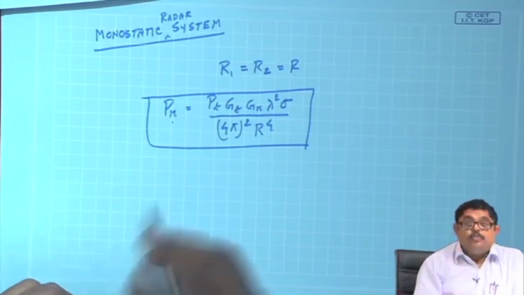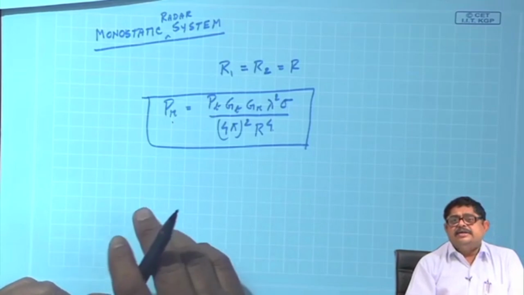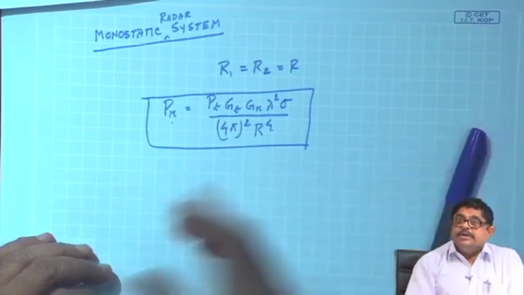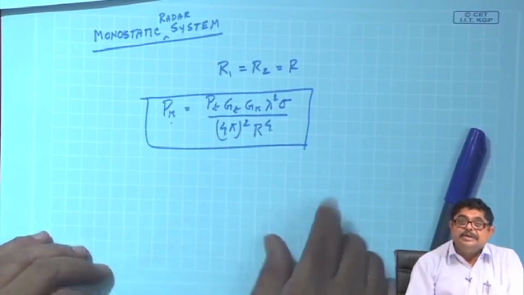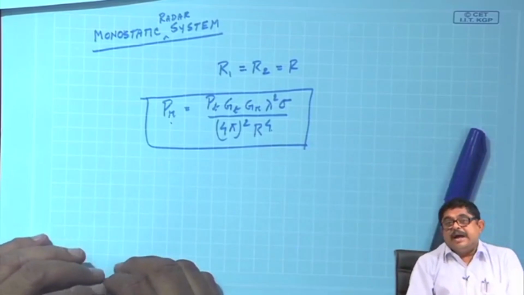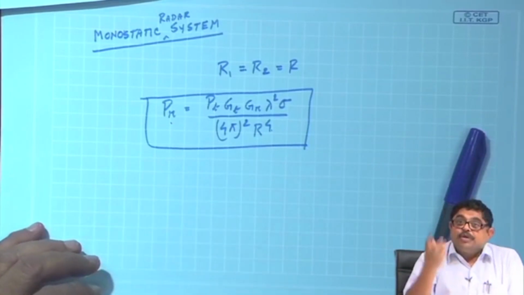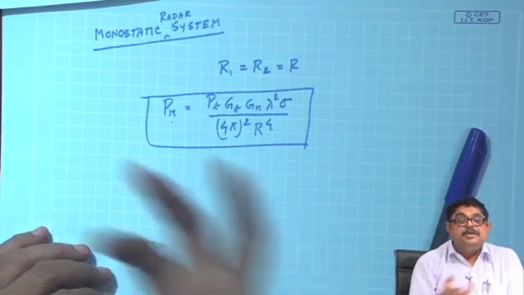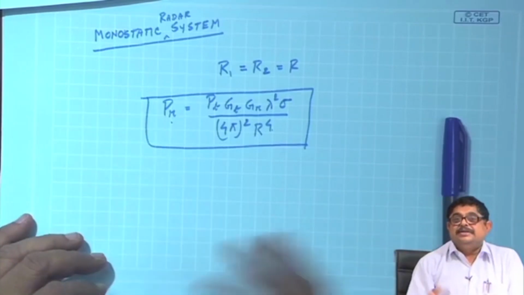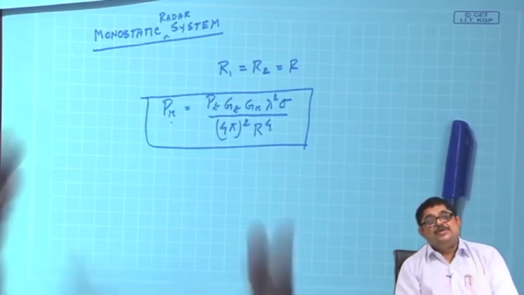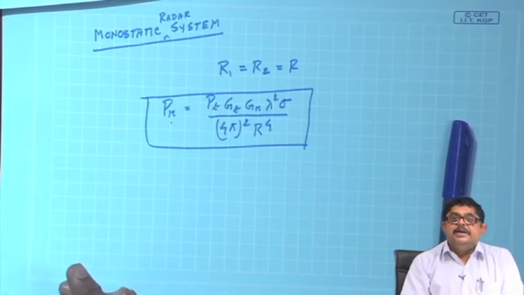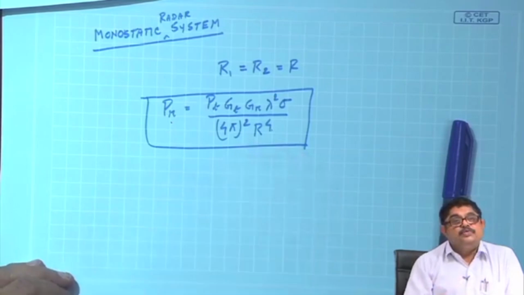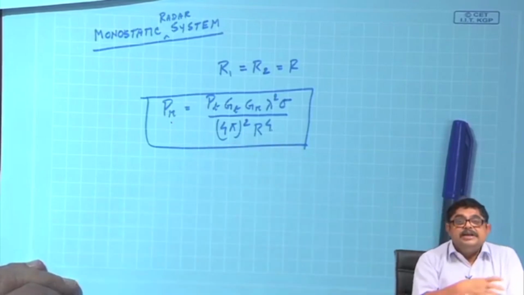Another point we will see is that a radar is generally a costly system, and in a monostatic system, as we will see in your assignments, the costliest part of the radar is the antenna. Though the antenna is a passive device compared to the transmitter, the transmitter is a high power device but its electronics is well developed, whereas the antenna has various challenges.